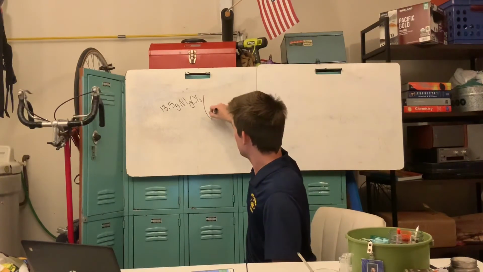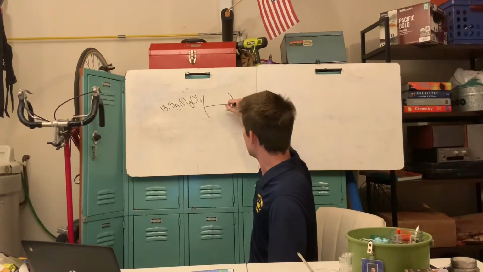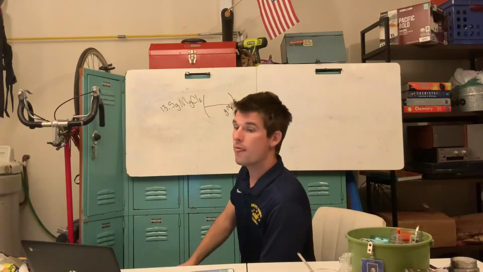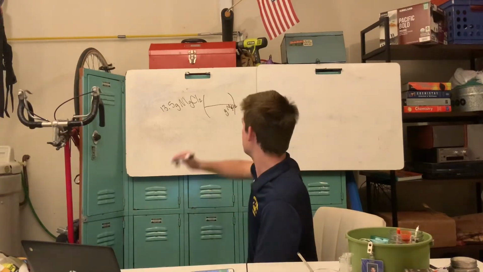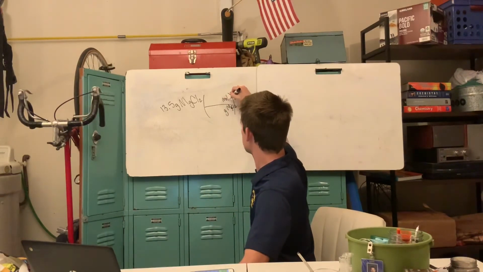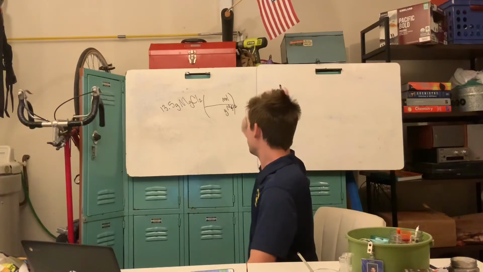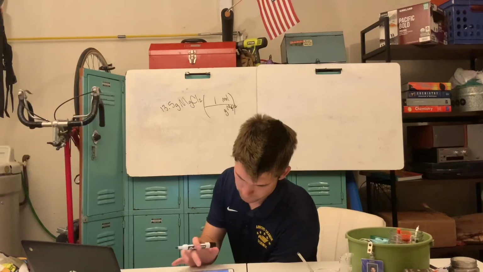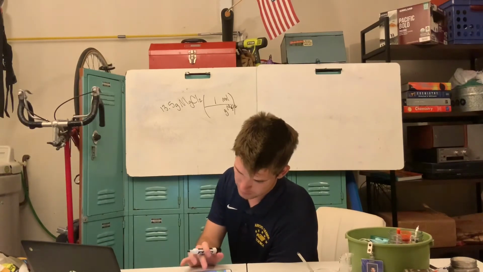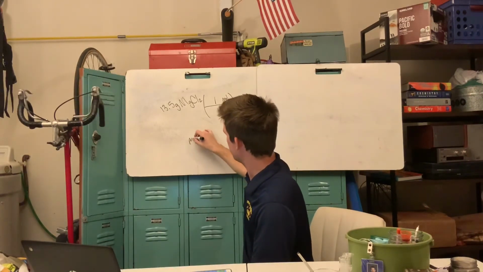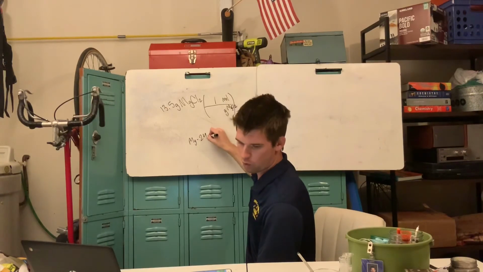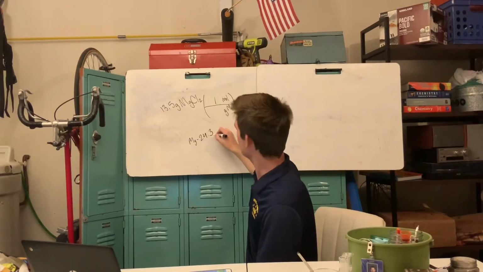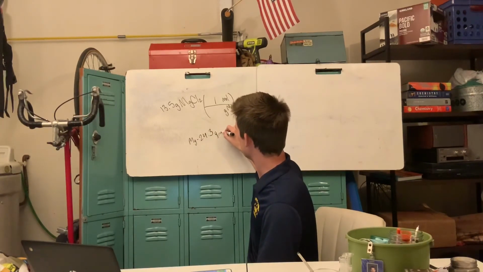And so let's convert the grams of MgCl2 to the moles of MgCl2. So this is the moles. Uh-oh, I don't know what the molar mass is. Let's turn to our periodic table. Magnesium, Mg, is 24.3 grams per mole.